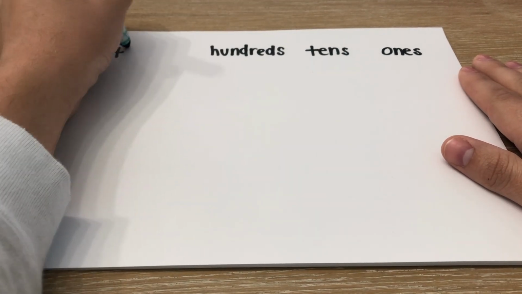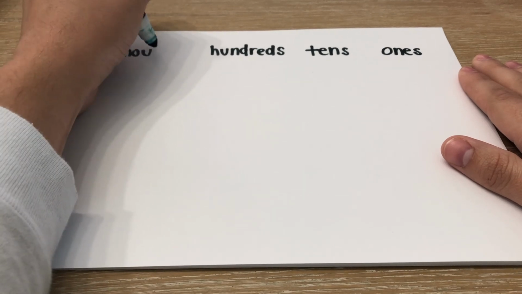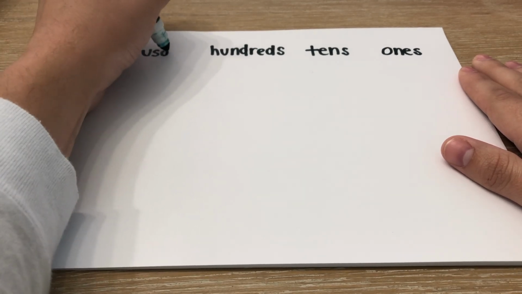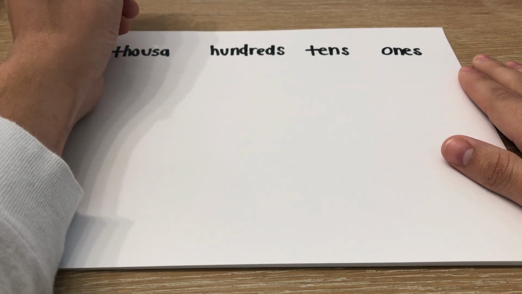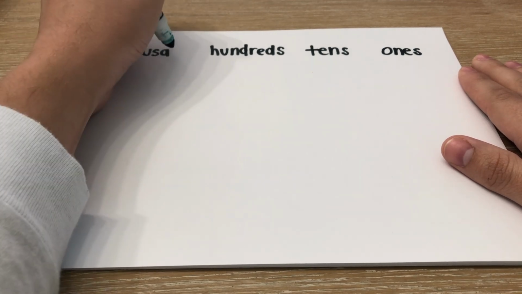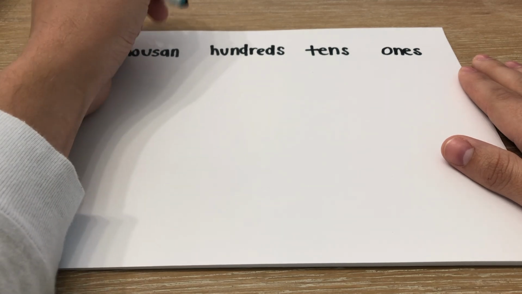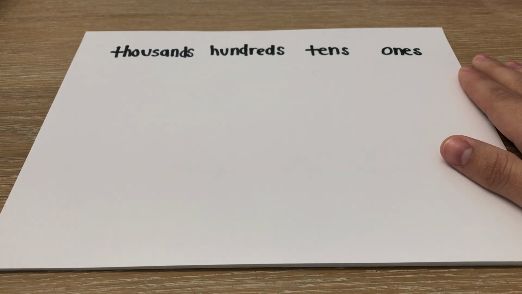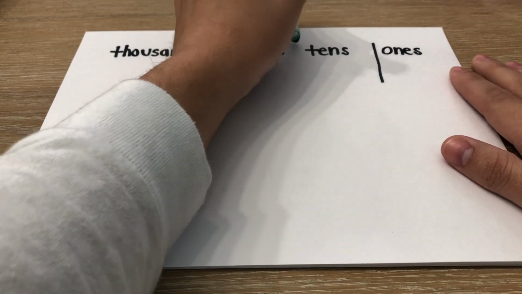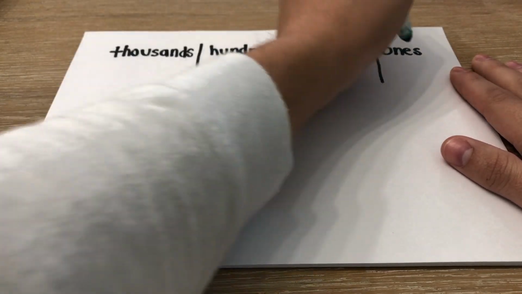And we're gonna stop at thousands. But of course it goes to 10,000s, 100,000s, millions, 10 millions, 100 millions, billions. So here's our place value chart.